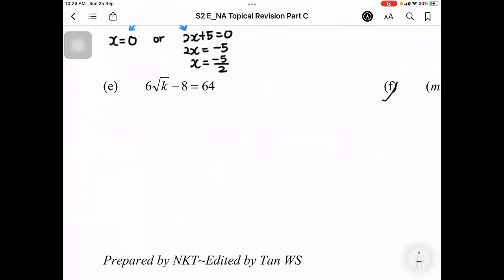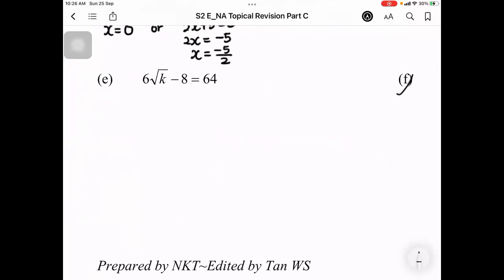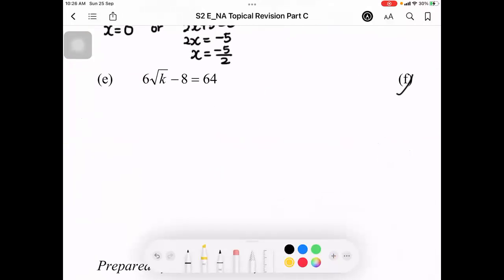Okay, next question. I hope you all finished copying. This one over here is a little bit long. What do we need to do? Looks very confusing. First things first, what is it that we want? We want to find k. So k is with the square root here and a 6. What we do first is get rid of the outermost enemy. This one, no choice, is tied together with 6. We keep it first, so I'll keep 6 square root k.